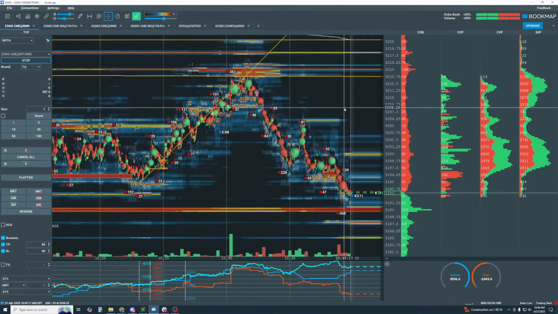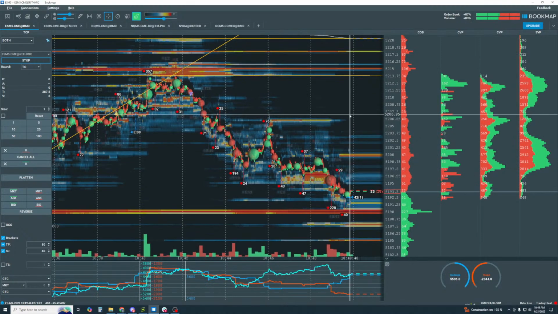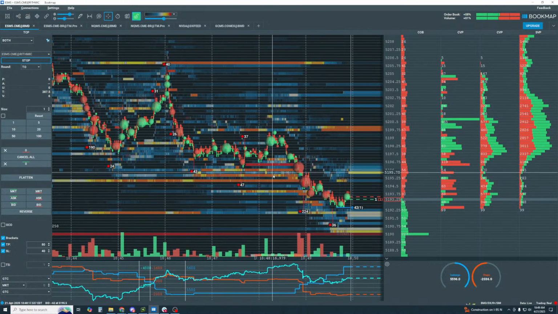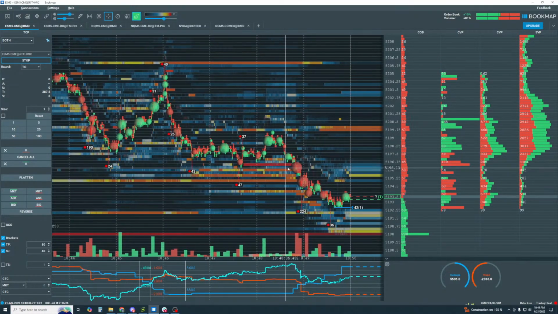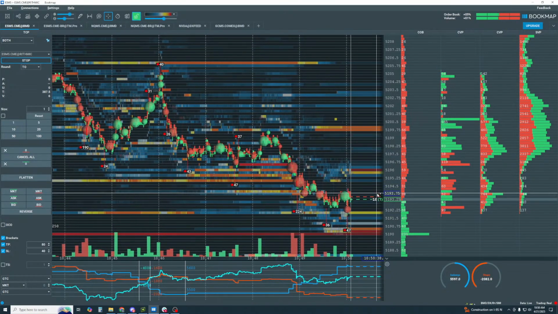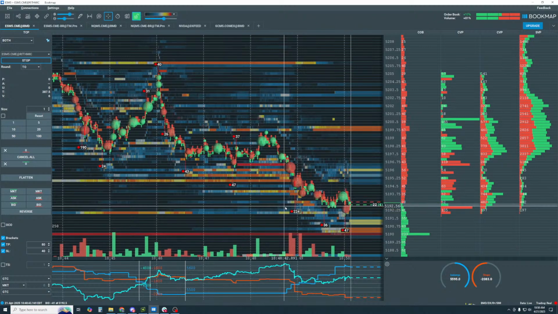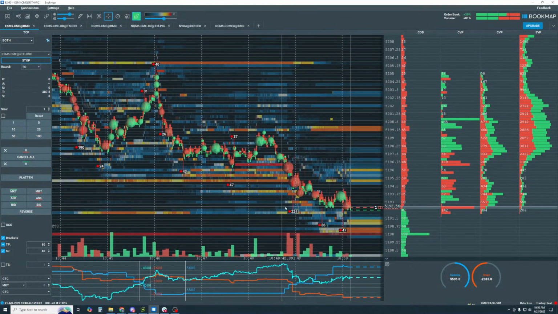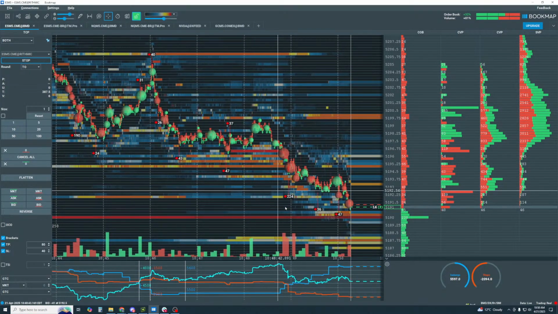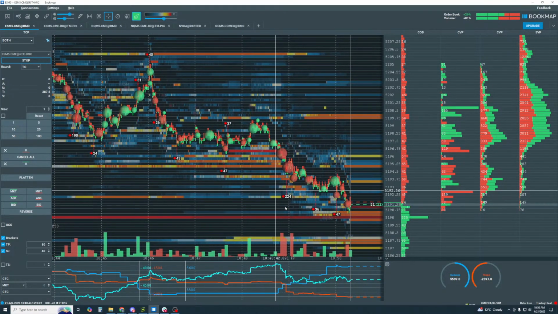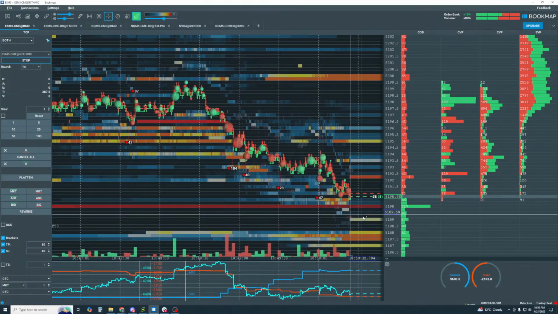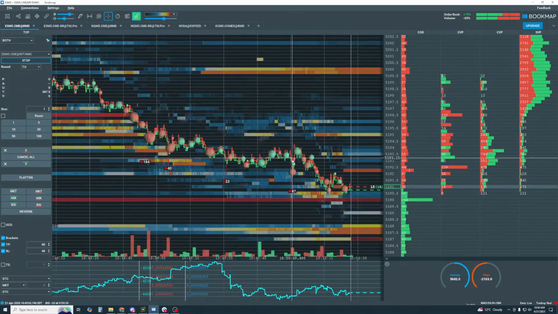Okay, so we just want to keep an eye out for it. Okay, lots of high liquidity in here getting filled on the bid. Okay, still going lower.